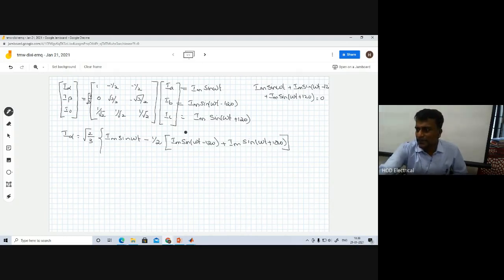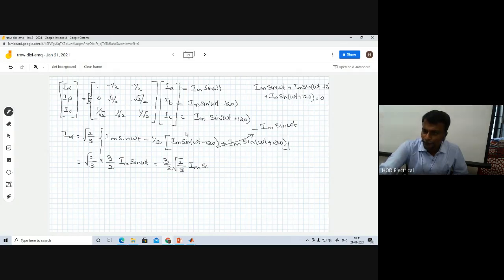Already from this equation, Im sine of omega t plus 120 plus Im sine of omega t minus 120 gives minus Im sine omega t. So we will have root 2 by 3 into 1 plus 3 by 2, Im sine omega t. So we have 3 by 2 into root 2 by 3 Im sine omega t.